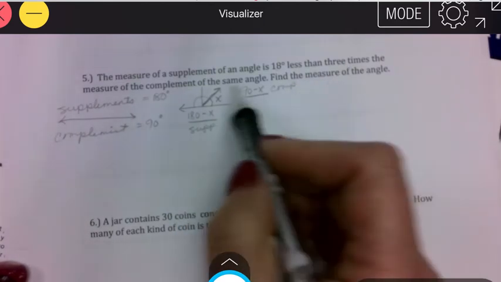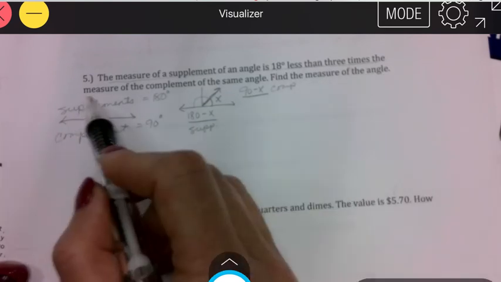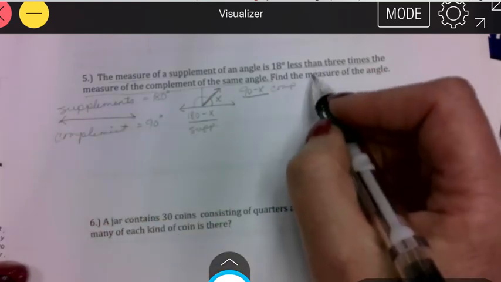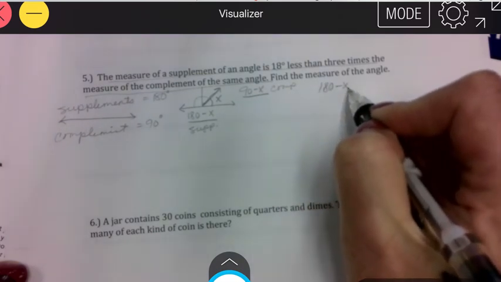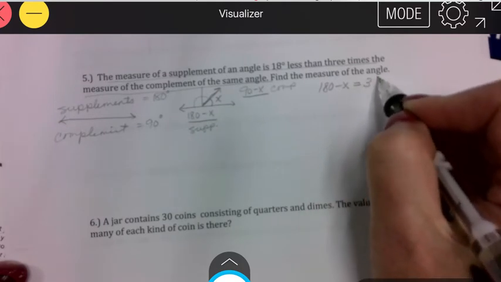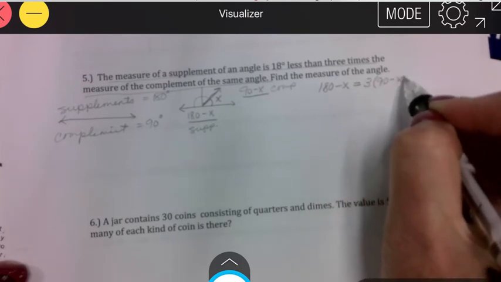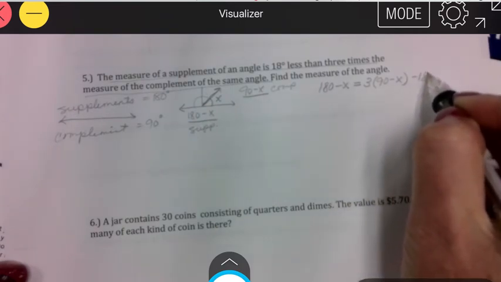Okay, so let's just take this one sentence and create an equation. This is the measure of the supplement of the angle, so 180 minus x is 18 degrees less than 3 times the measure of the complement. So it's 3 times the measure of the complement and 18 degrees less than that.